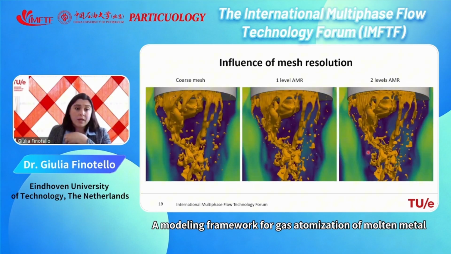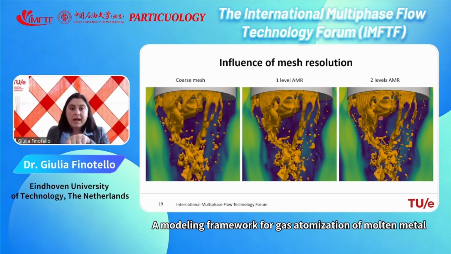However, if we look a little bit closer, we see that in the coarse mesh most of the details are lost, which also means that most of the structures, the smallest particles and the wavy structure, are unresolved in the coarse mesh. A lot more detail is visible for 1 level and 2 levels of adaptive mesh refinement, and this becomes more pronounced for 2 levels.